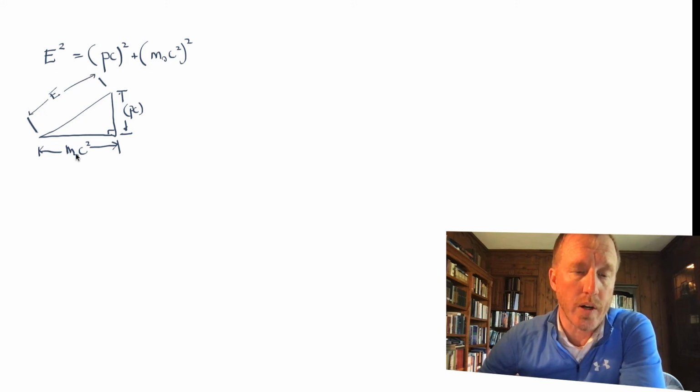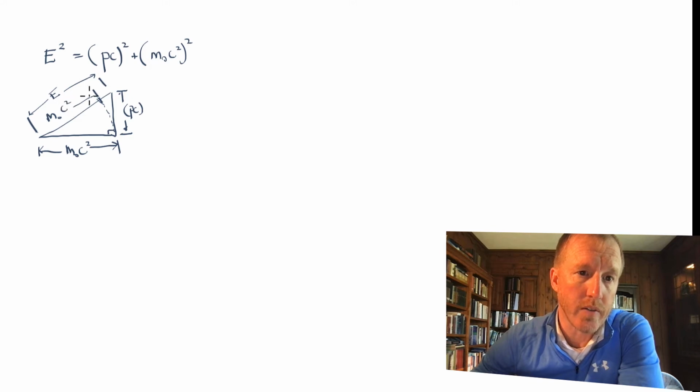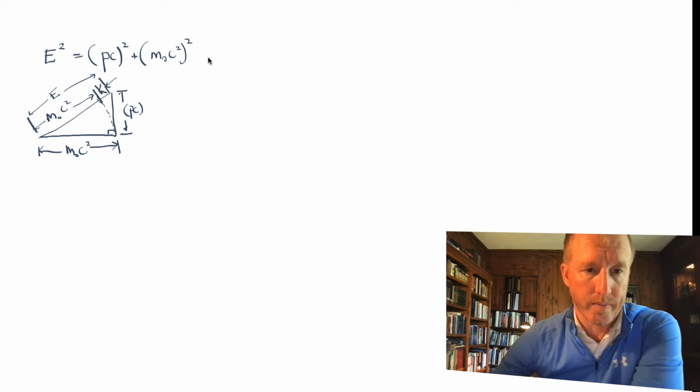So this squared plus this squared equals that squared. And if you rotate this base around, you can divide the energy up into a part that is a contribution from the rest mass, and then another contribution that we would call the kinetic energy. That is the contribution from motion.